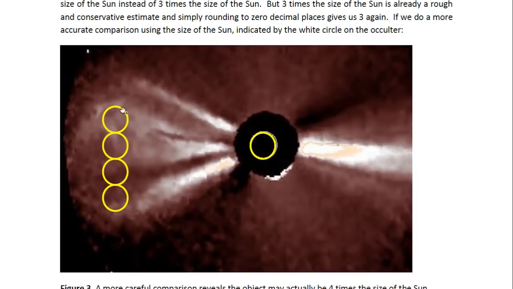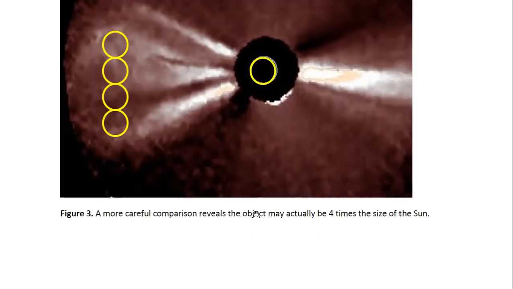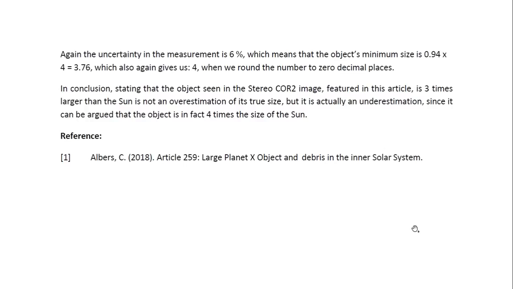You can see at least 4 of these circles fall within the diameter of this object, which means that a more accurate estimation of its size would mean that it's about 4 times the size of the Sun, not 3. So when I estimated it to be 3, I was already being conservative in my estimate. Now, again, the uncertainty in this measurement would be 6%, which means that its minimum size is 0.94 times 4, or 3.76, which again rounds up to 4.